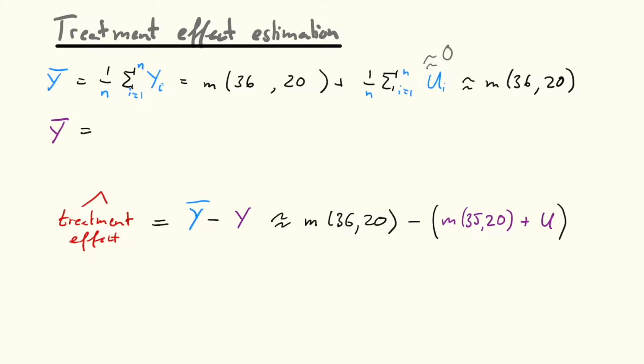Suppose that we can find n such purple classrooms. We can define a similar average as we had here, and then apply very similar arguments to show that this is equal to the m function, but this time at 35, the smaller class size, and confounder level 20, plus an average of error terms.